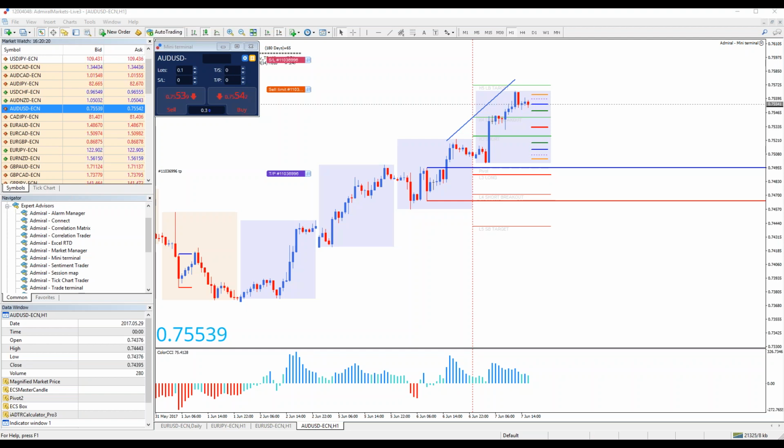Now, obviously, there is some news running. We are 5 pips in profit on dollar yen, and obviously this news can probably mess up with our trades. That is one of the risks of forex trading. But now I'm closing my trade for 5 pips of profit.